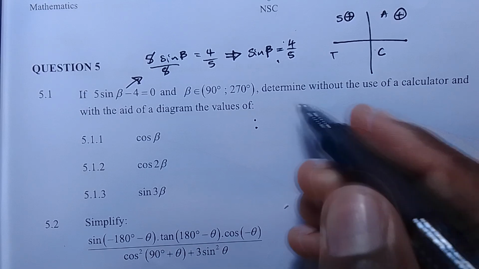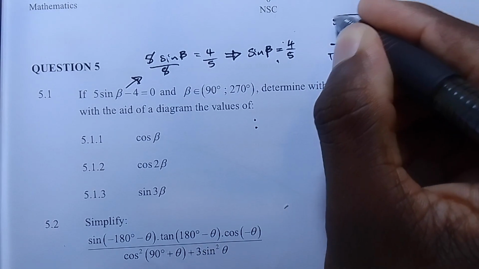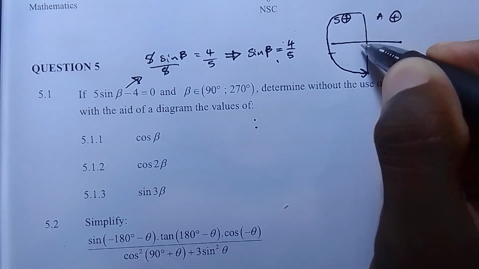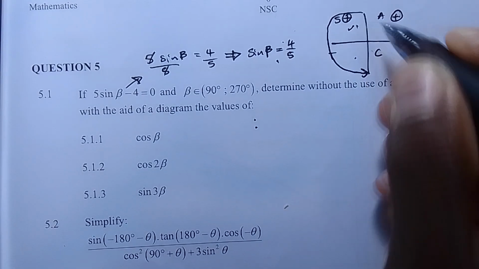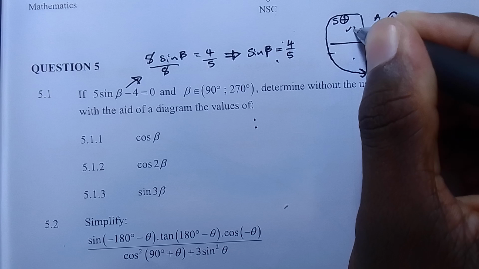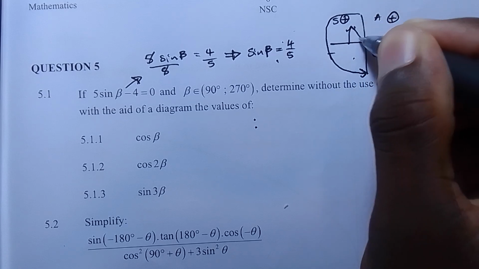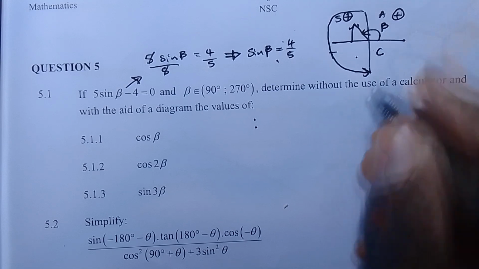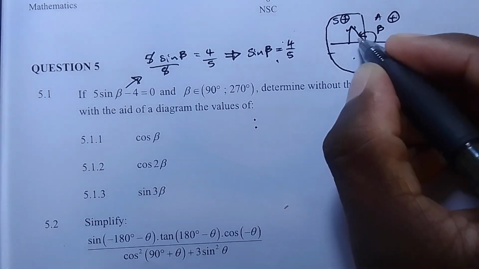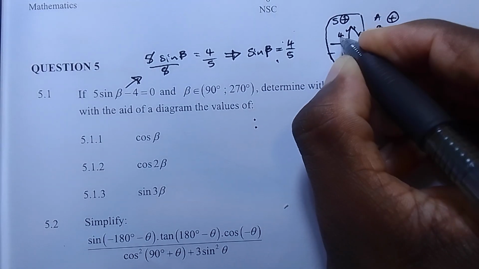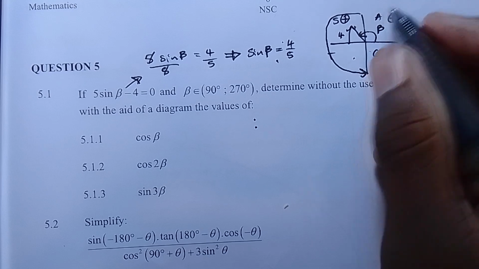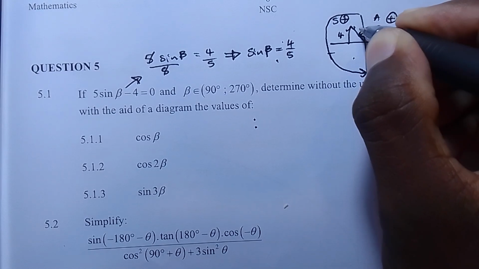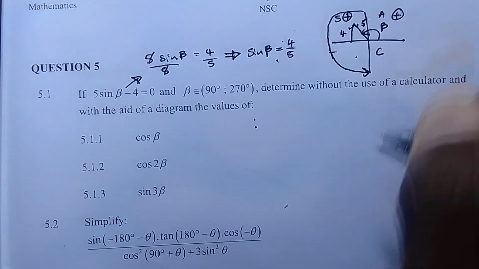But we also said it's from 90 up to 270, so since it's between these two, it has to be here. When you draw your diagram, you draw it here, and your beta will be this angle. Your opposite side has to be 4, and your hypotenuse has to be 5.